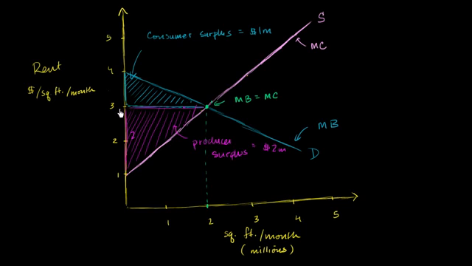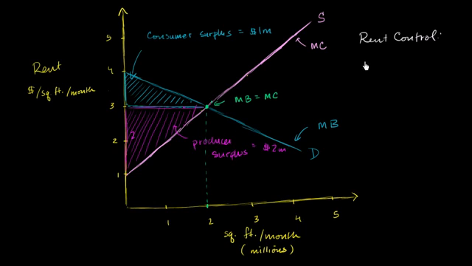And let's say people start complaining about it. And so the government says, okay, that rent is not fair. It's too high. We want to introduce some type of price control. We want to introduce rent control. And I'm oversimplifying how this works, but just so that we can deal with this model right over here, let's say that the city just sets a ceiling on the price per square foot per month.